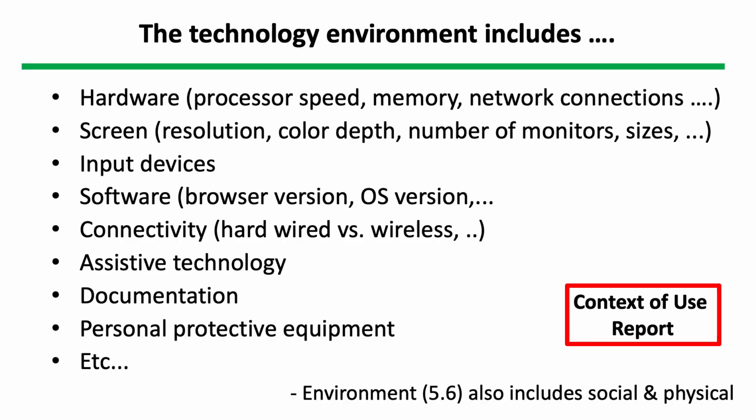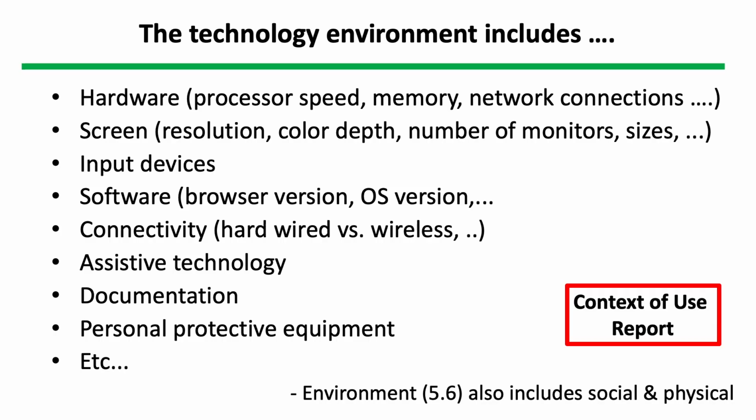There's a whole section on the environment and the technology environment in which a task is performed. Here are some of the things that you ordinarily think of, but you may not think of everything in this list. What hardware is used, what screen is used, what kind of input devices, are you using a browser, an operating system, what version? When you look at use of the web, for example, browsers are changing continually, so you have to test different versions.